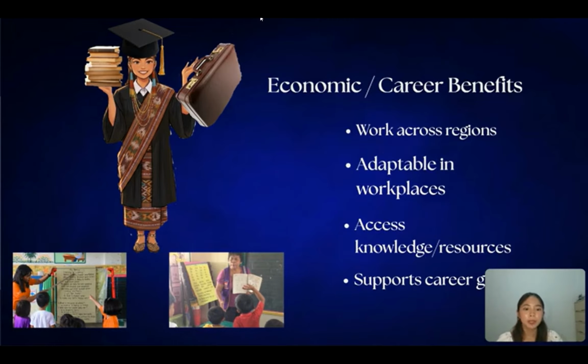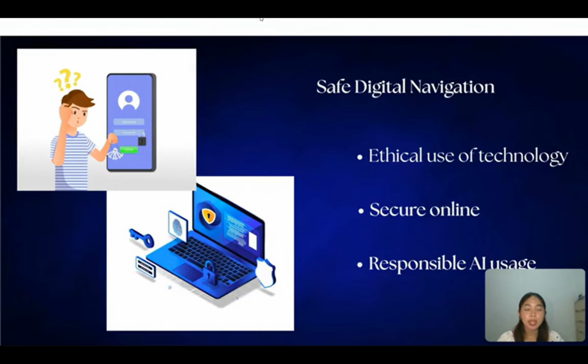Next, our final pillar is safe digital navigation. And let's be honest, success is meaningless if we can't protect it. The digital world is a frontier. To survive it, we need an ethical compass and a secure online presence. In 2026, this means being smart about responsible AI.